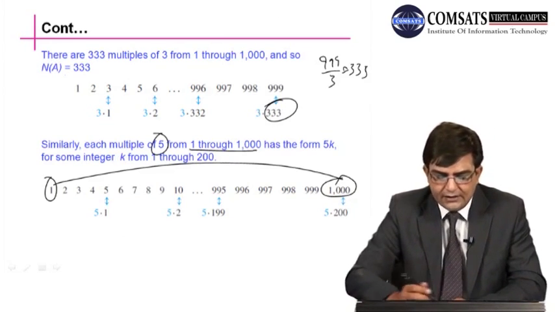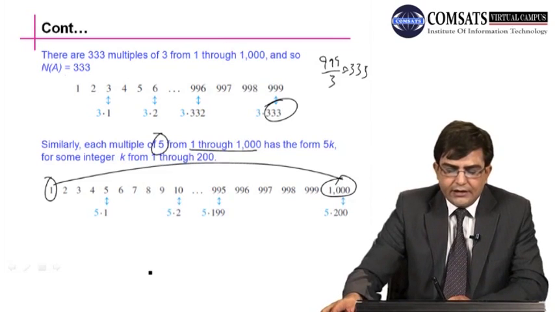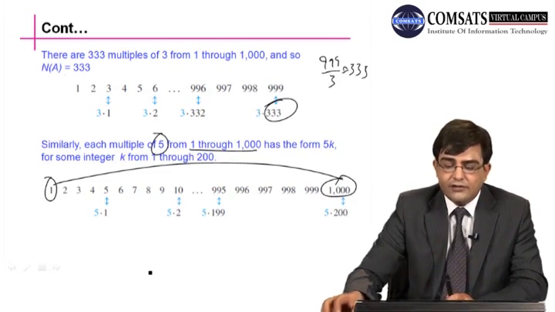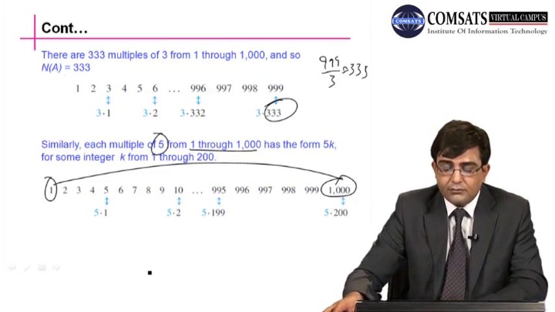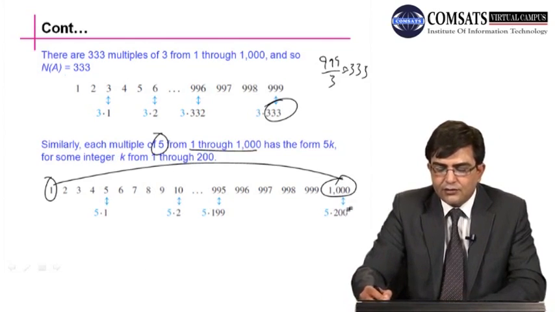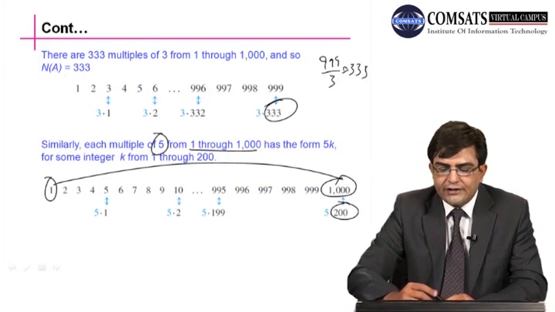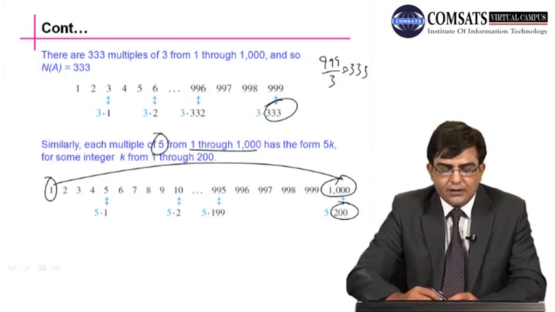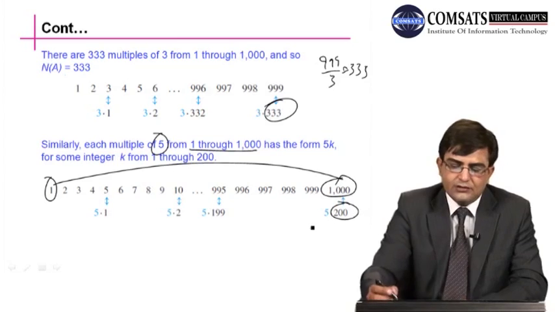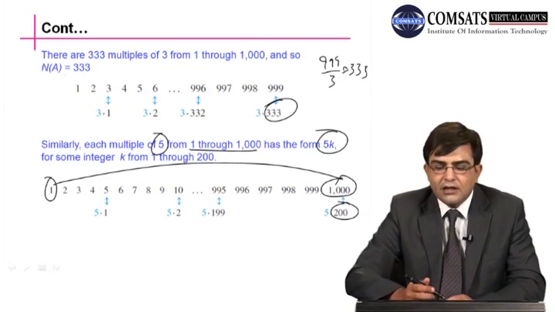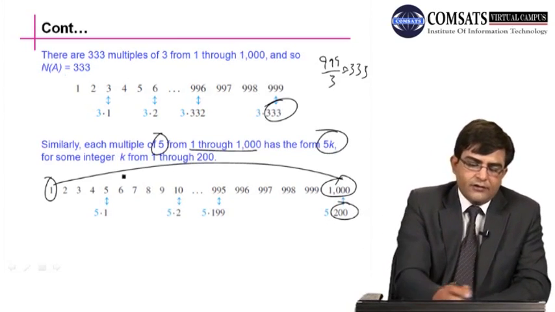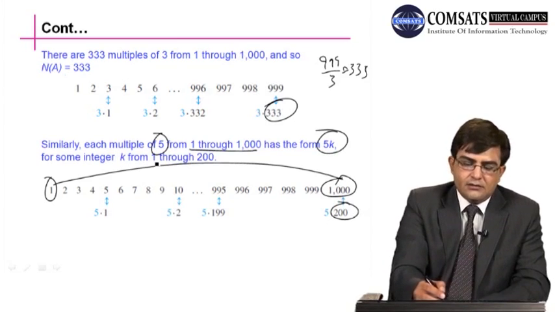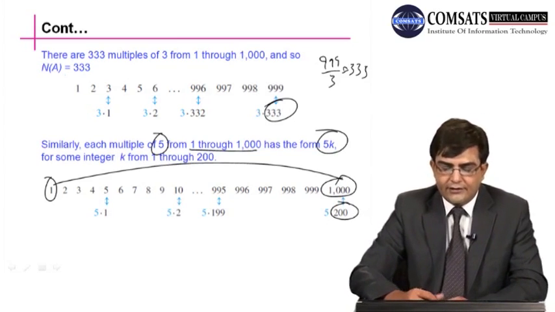There are 200 integers which are multiples of 5 from 1 through 1000, because if we divide 1000 by 5, we get 200. So 200 integers are multiples of 5, and all those integers can be written in the form of 5k for some integer k from 1 through 200.